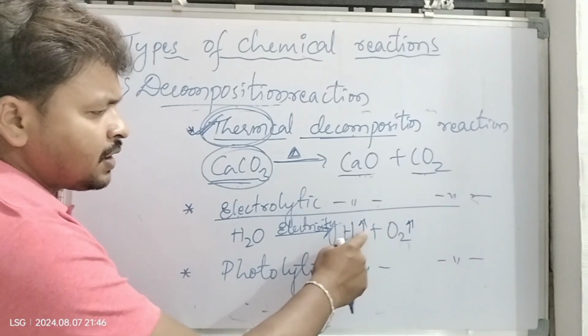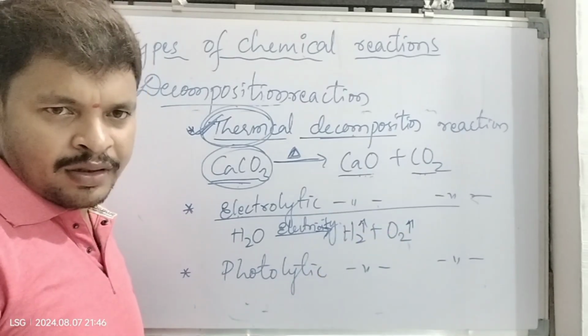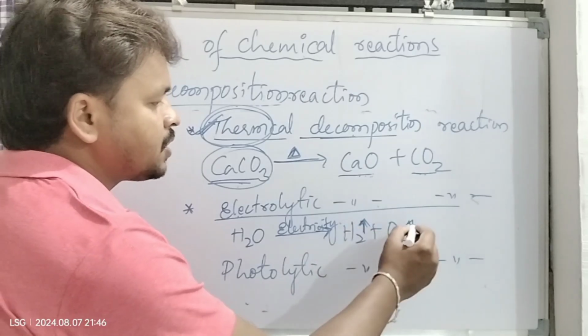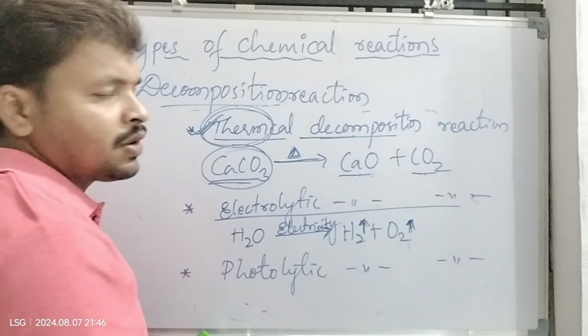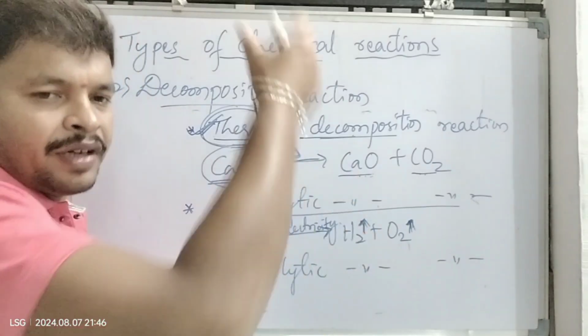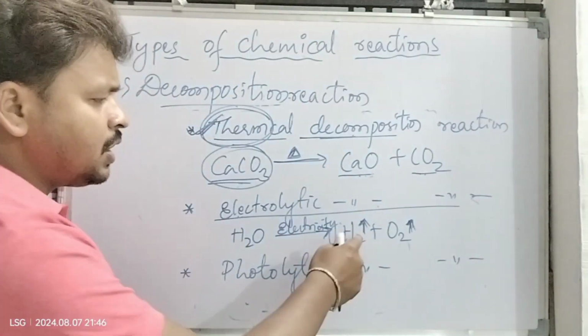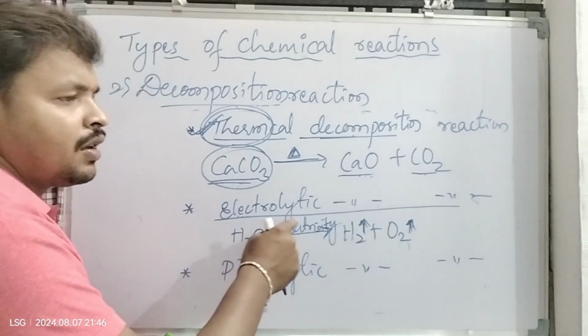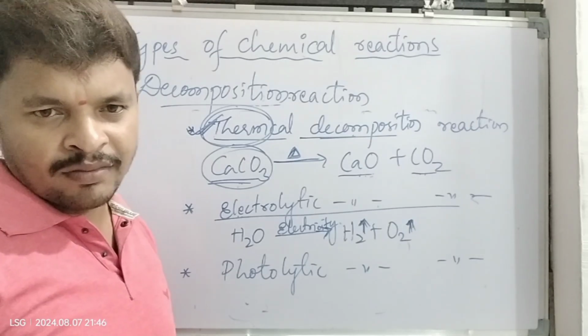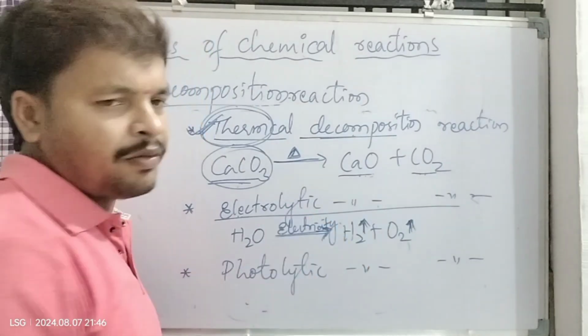You might have seen such symbols in the chemical equations. Upward arrow marks show that they are evolving as a gas. Hydrogen and oxygen gases are evolving when the water is under the hydrolysis process. This is hydrolysis of water, we can say.